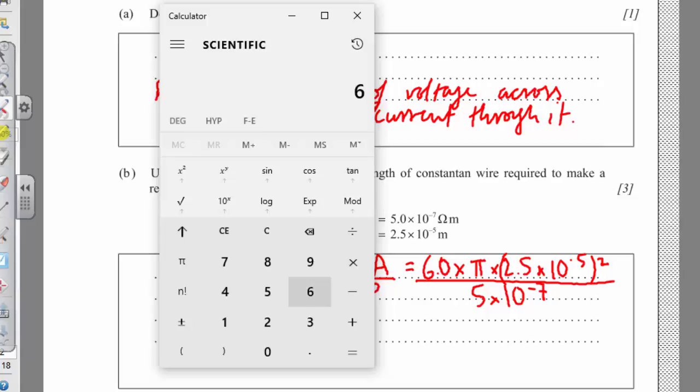Okay, so we want 6 times pi times 2.5 times 10 to the power of negative 5 squared, divided by 5 times 10 to the power of negative 7, gives us 0.023, or 2.3 times 10 to the negative 2.